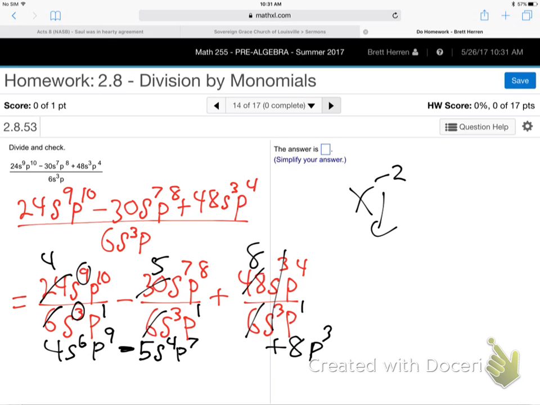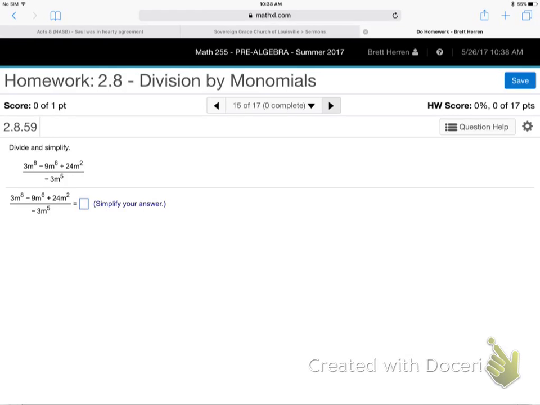All right. Okay, so we've got 3m to the 8th, minus 9m to the 6th, plus 24m squared over minus 3m to the 5th.